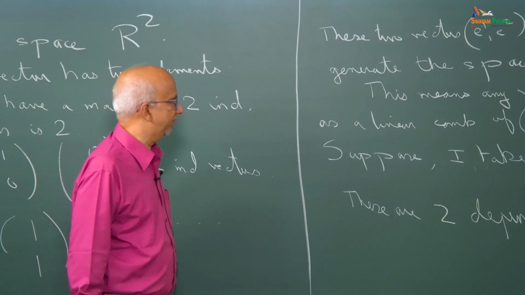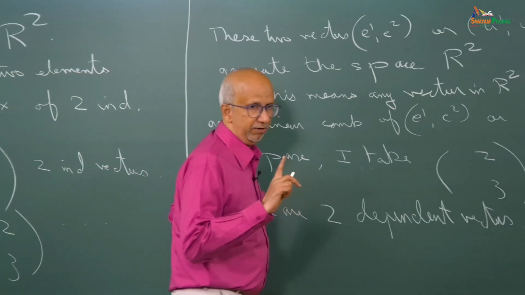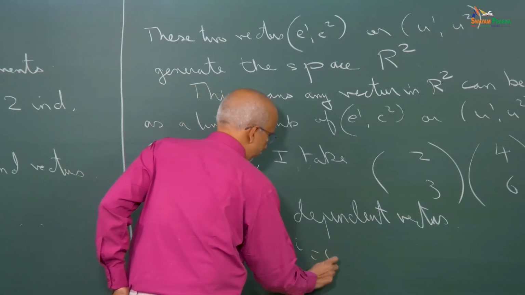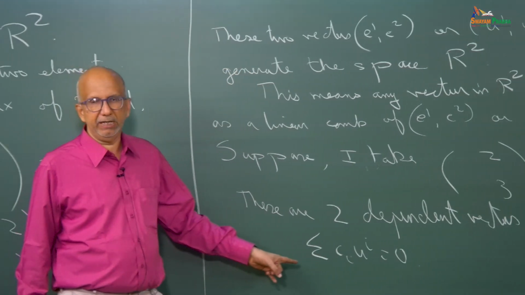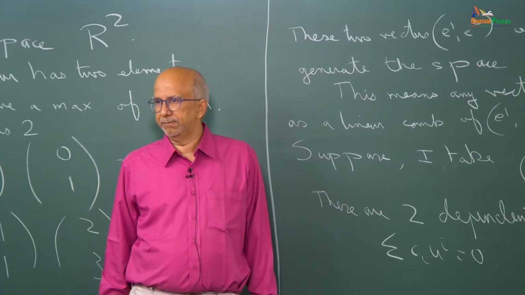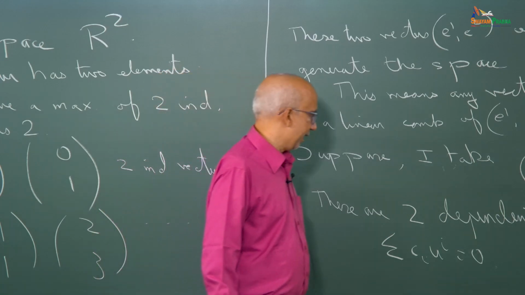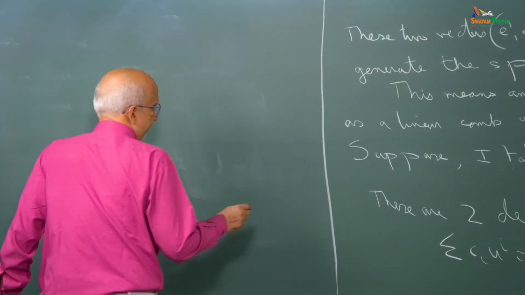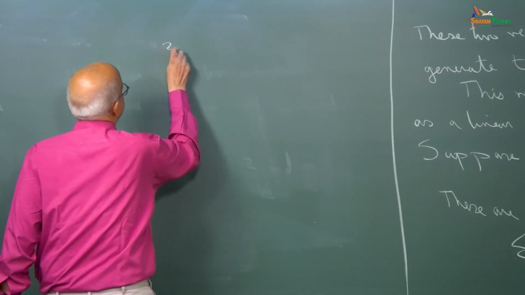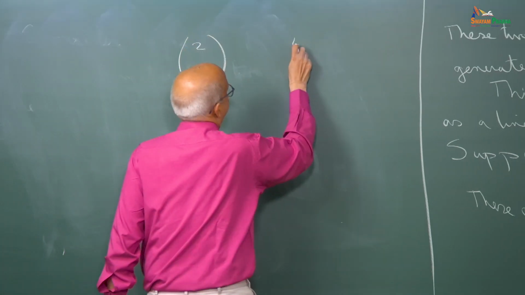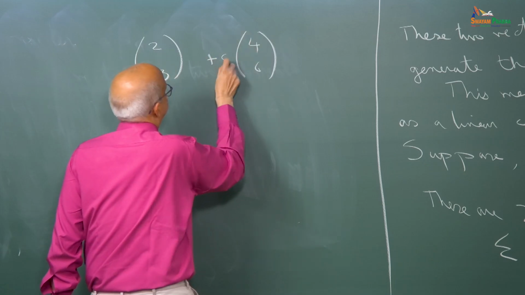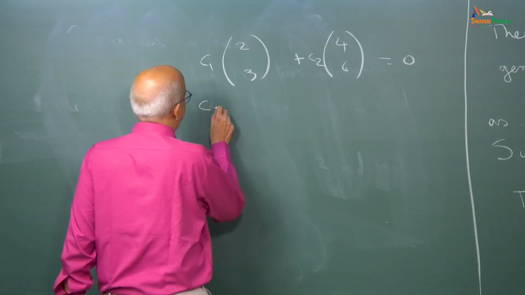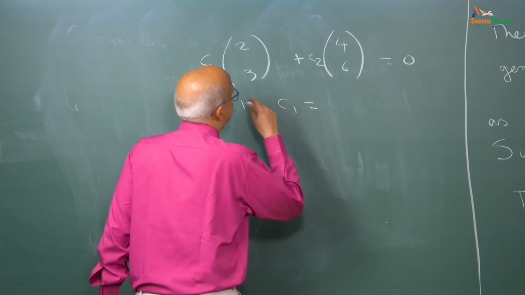Why do I say these are dependent vectors? Because what was the way we found out? I look at sigma Ci ui equal to 0, and I want to see if I can get a non-zero Ci. The answer is, of course, you can. For example, if I take (2, 3) and (4, 6), with C1 times the first plus C2 times the second equal to 0, I can choose C2 to be equal to 1 and C1 to be equal to minus 2.